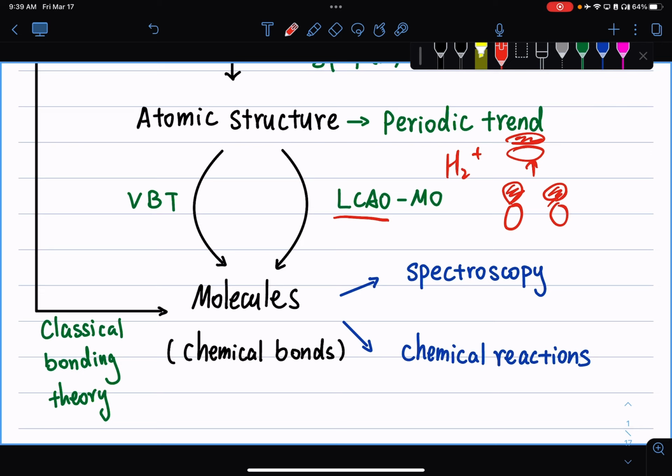That's the second part. We talk about three different bonding theories. You have the classical bonding theory, valence bond theory, LCAO-MO theory. They all have their advantages and disadvantages, so that is why we're analyzing the chemical bonds. Normally, we can use them all together, right? And you want to know when and where to use the correct theory.